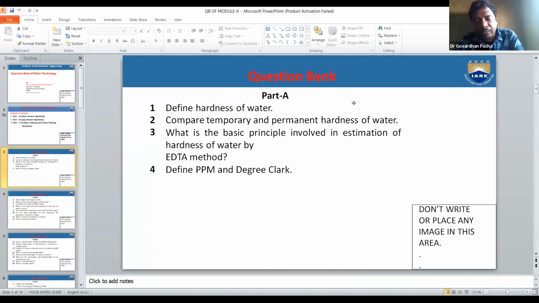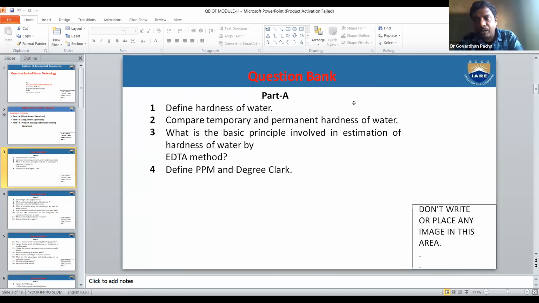Parts per million. That means we determine the hardness present in the water at the parts per million level. So we represent that hardness up to the 6th decimal. That is called ppm, parts per million. Next one, degree Clark. Degree Clark means we represent the amount of hardness within 1:70,000 parts.